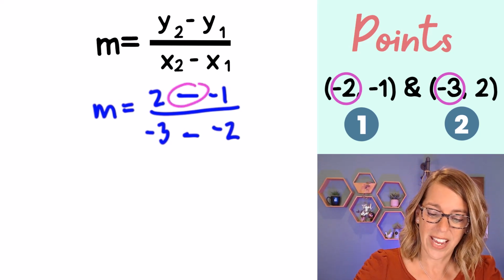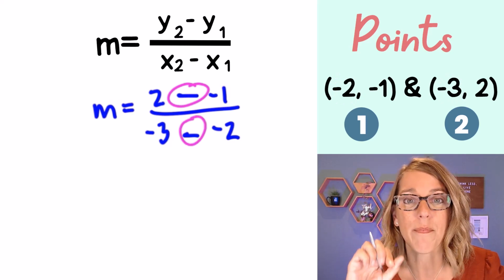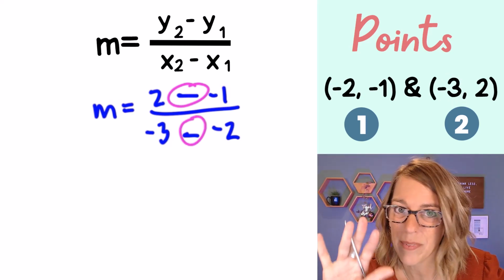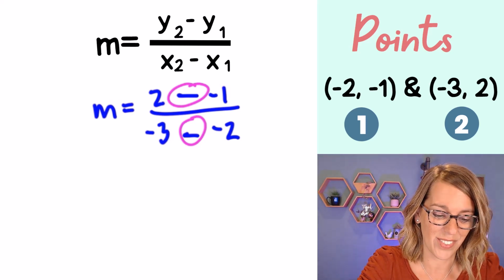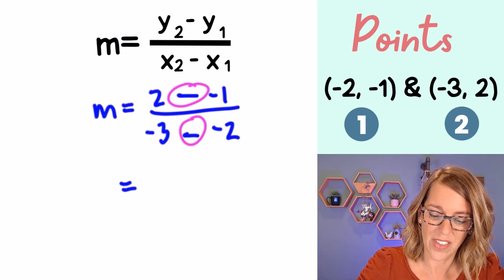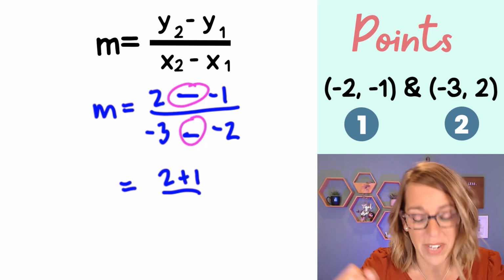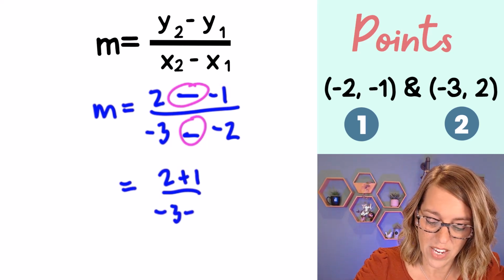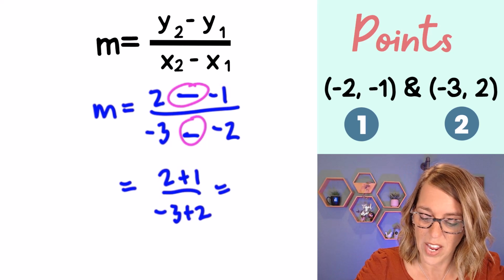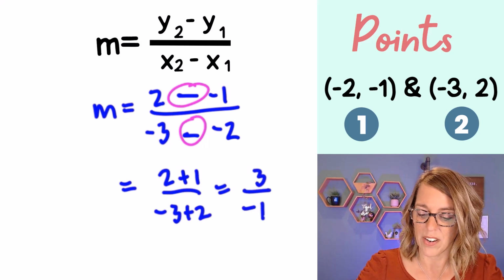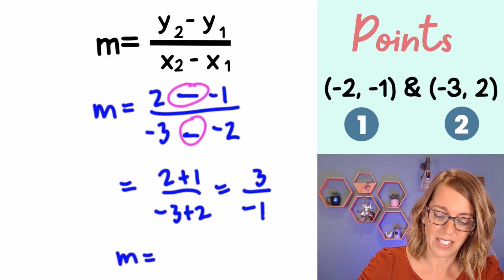Now notice how I kept the negative sign from my formula separate. That way I'm not going to miss any negatives. Okay, so what do I have? In that numerator, I really have 2 plus 1. In that denominator, I really have -3 plus 2. So I end up with 3 in my numerator, -1 in my denominator, and my slope m is equal to -3.